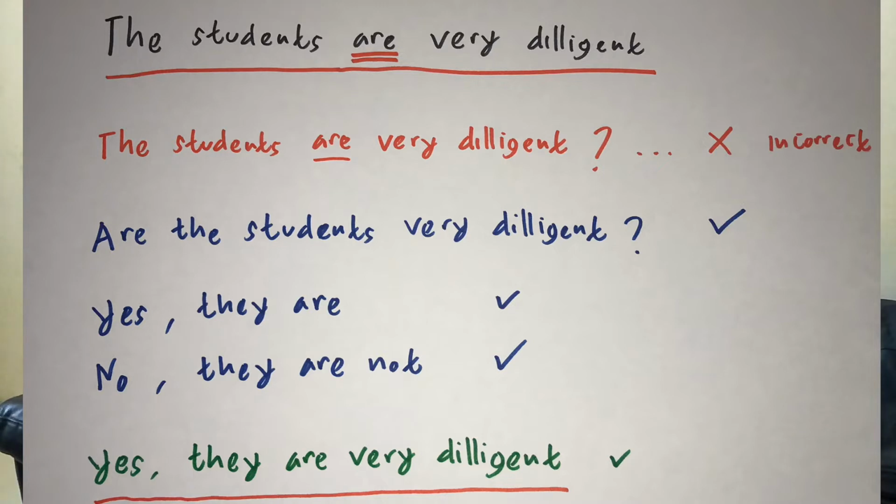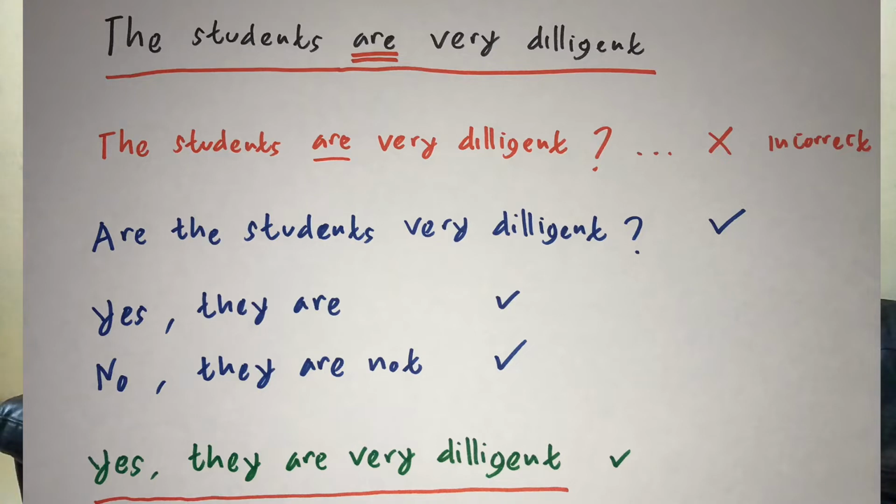So the question should be, are the students very diligent? So we have are here, to be, in the beginning of the yes-no question. Are the students very diligent?